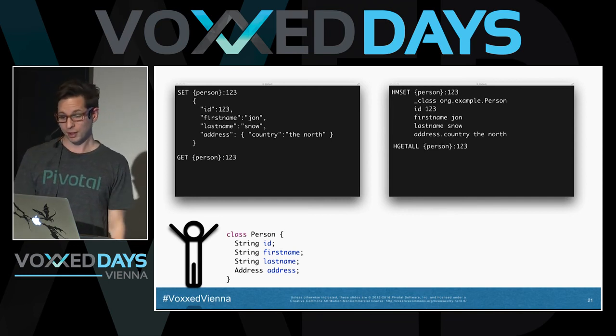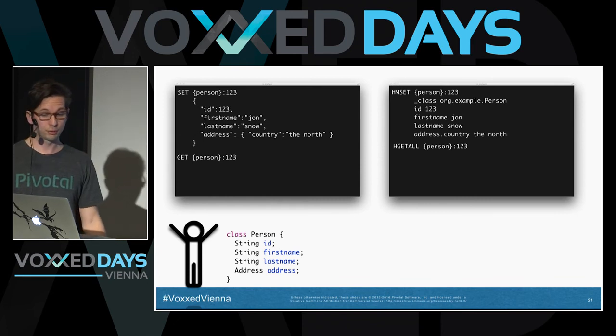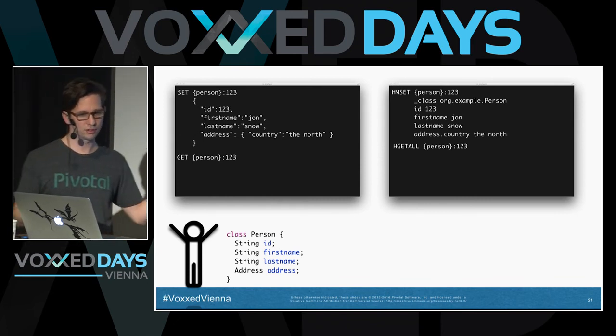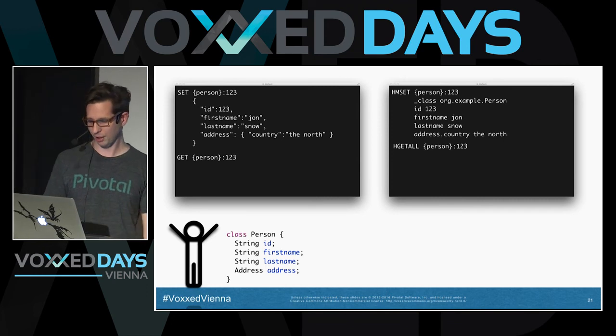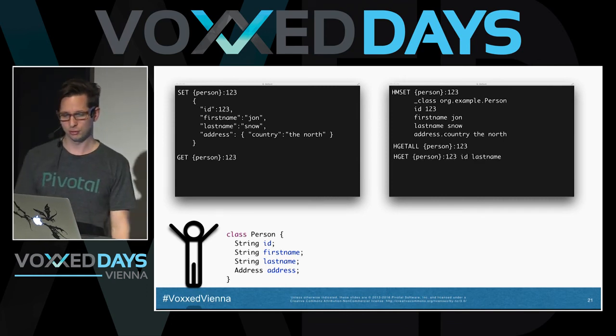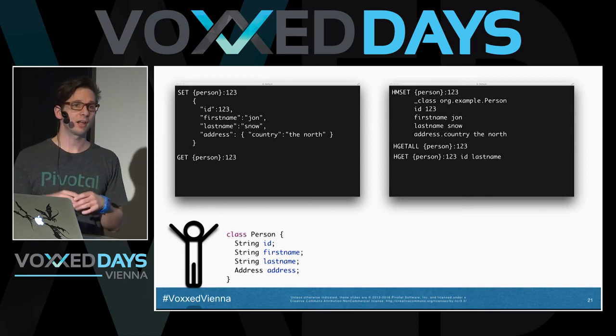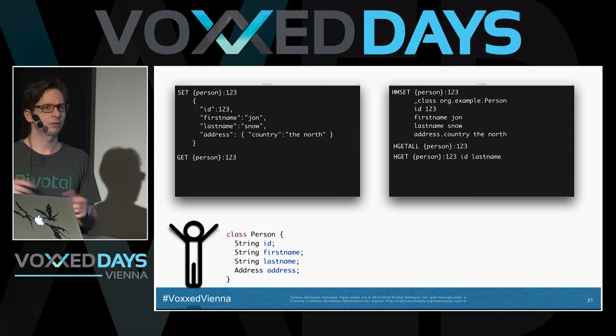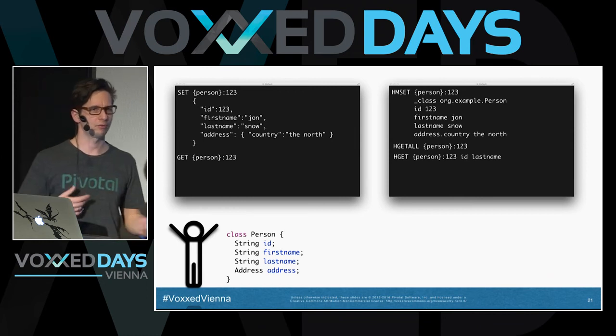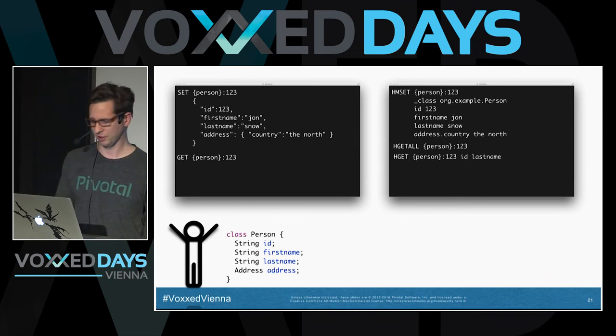What you get with that is you can retrieve everything with hgetAll, just the same as with the get command, but you could also use hget for the ID and last name. This should be hmget, but don't worry about it. That would be something like a projection, so you just take out the few elements you want depending on your need of data.